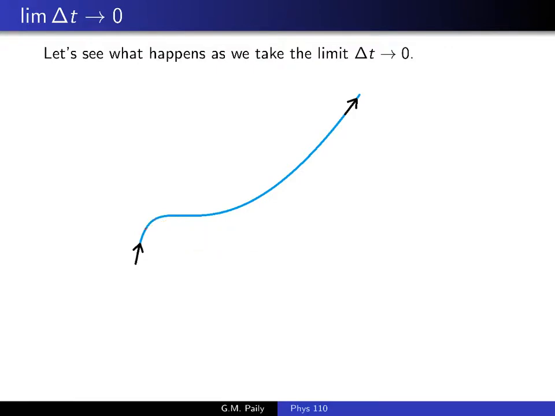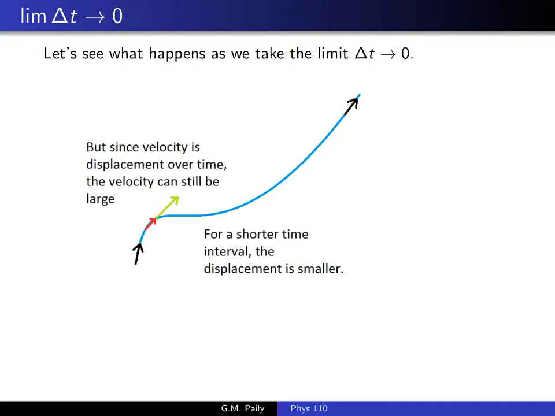What happens as we shrink the time interval between the 2 points? So now the 2 points, you might see the little red dots, are closer, and thus the displacement is smaller. But the velocity, remember, is delta r over delta t. So even though delta r has a smaller magnitude, delta t is also smaller.